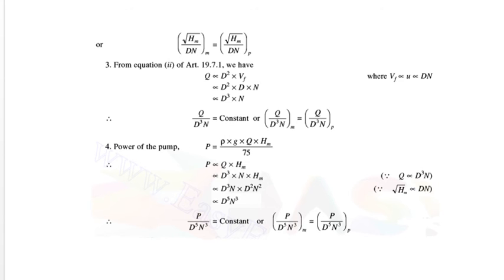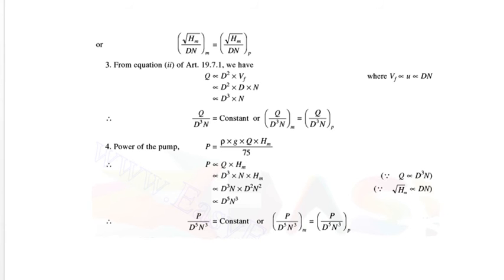Last, the fourth, is the power of the pump. We all know that the power of the pump is rho g Q Hm divided by 75, in horsepower. From this relationship you can see that power is proportional to Q into Hm. Q is directly proportional to D cube into N, and Hm is proportional to D square N square.